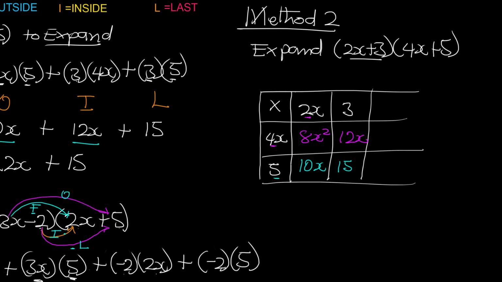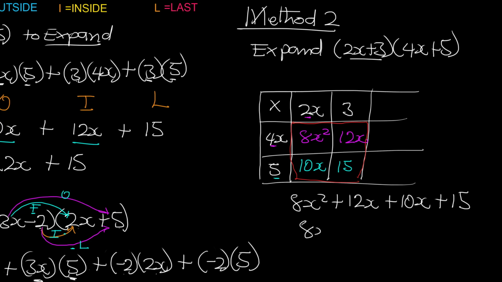Now the next step is to add everything in the square in red. So we have 8x squared plus 12x plus 10x plus 15. At this point, what we do is to group like terms.